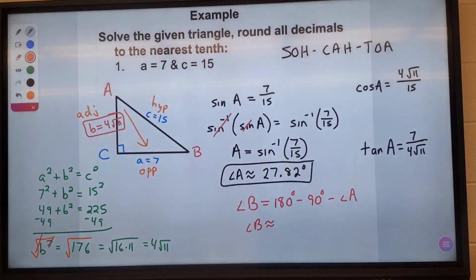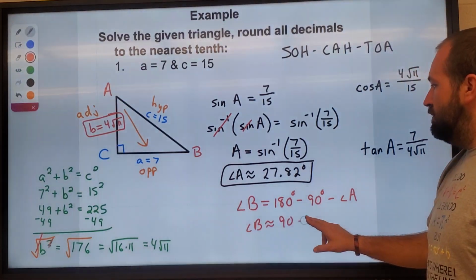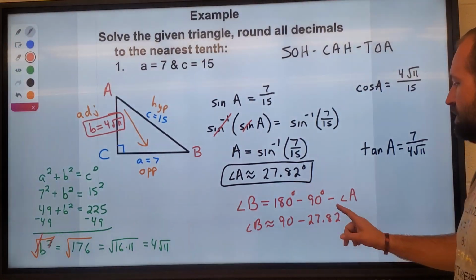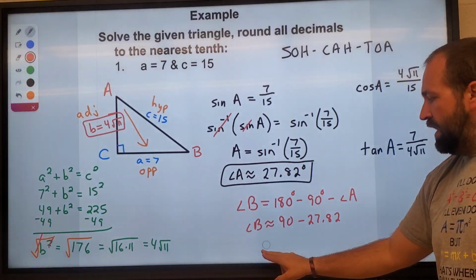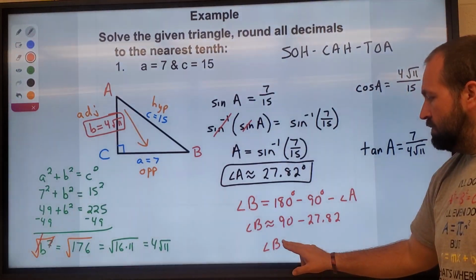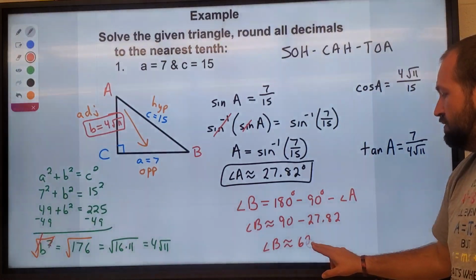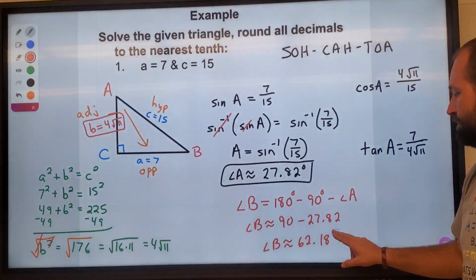So it's approximately what it should be. So we have 90 minus the 27.82 degrees, and 90 because we have the 180 minus 90, which then means that angle B is approximately 62.18 degrees.